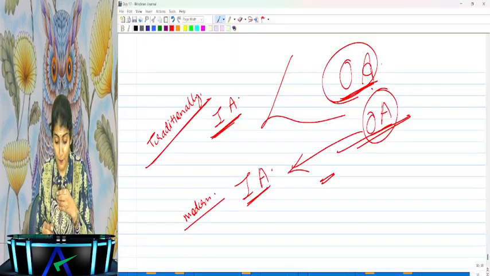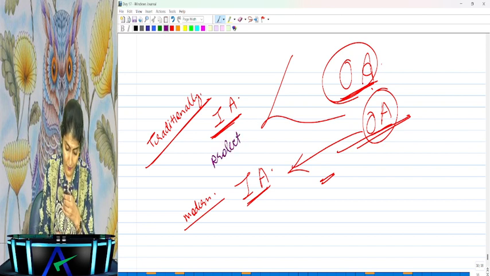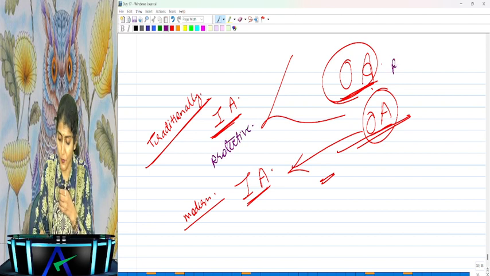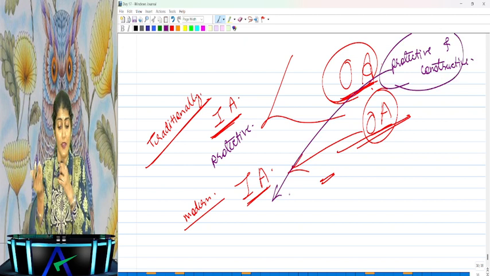Traditionally, what used to happen? The internal auditor used to perform only the protective functions, whereas the operational auditor used to perform the protective as well as the constructive functions. But today, the internal auditor itself does both the protective as well as the constructive functions.